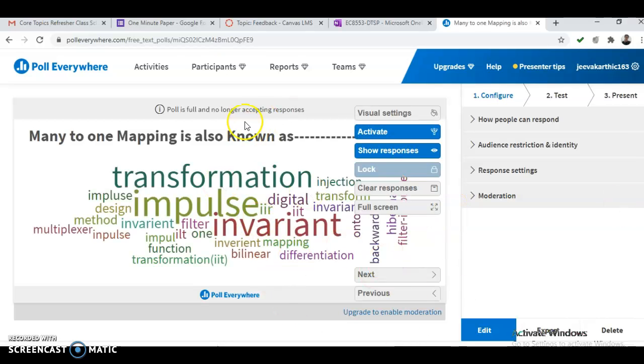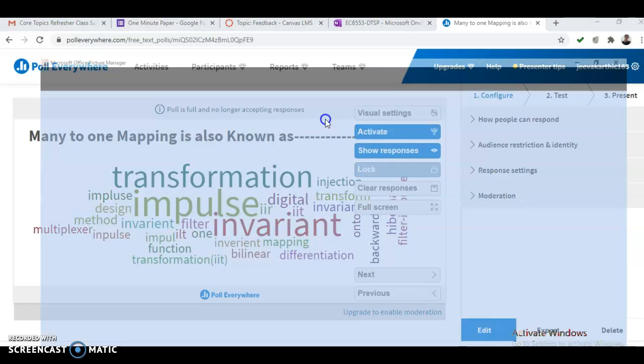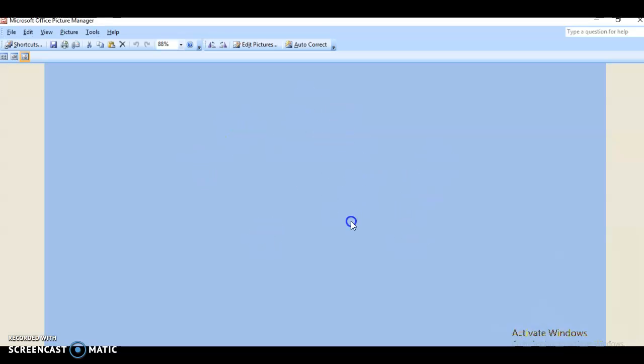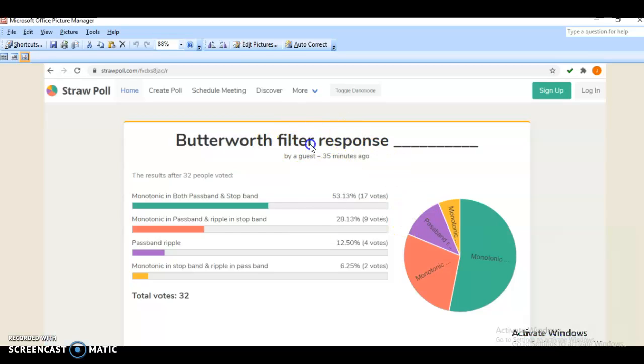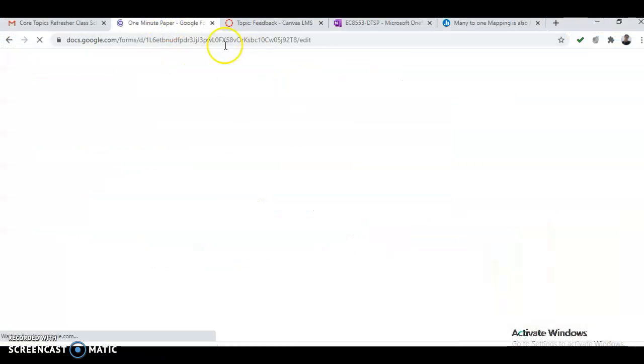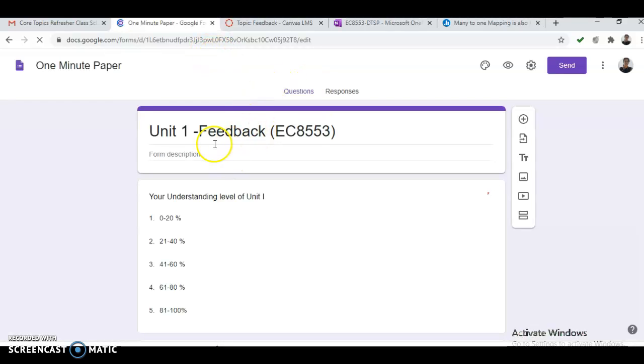This is the information. Another one is the straw poll, also conducted for my students. The results are finally shown to the students. They are very happy. So 17 votes will be declared in this manner. Then Prabhula ma'am also said that a 1 minute paper can be conducted online through Google Form.